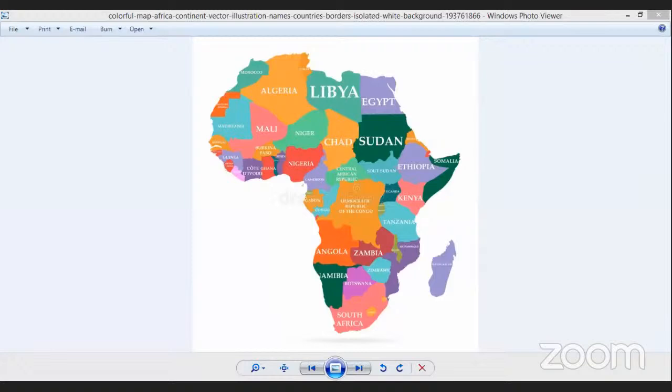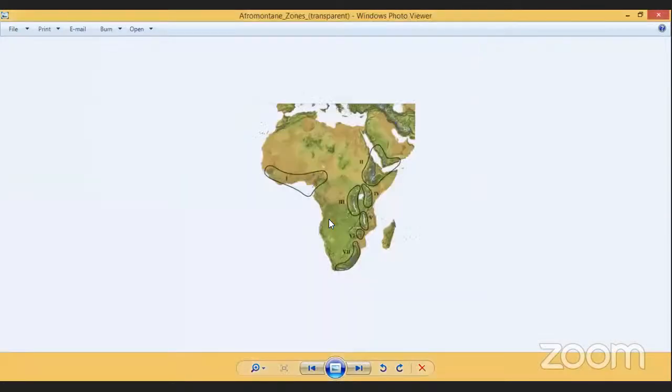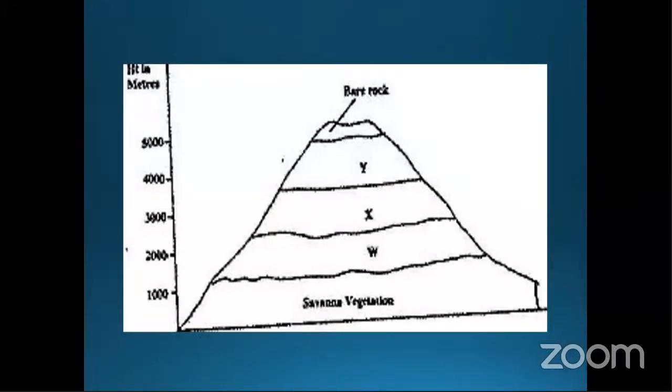Some of the characteristics of the Montane type of vegetation, when you look at the picture I've prepared for you, the picture showing the vegetation on a mountain zone. Mr. Kakuru, if you can display it for us. Yes, that one.